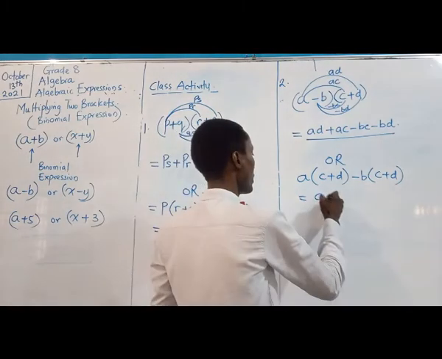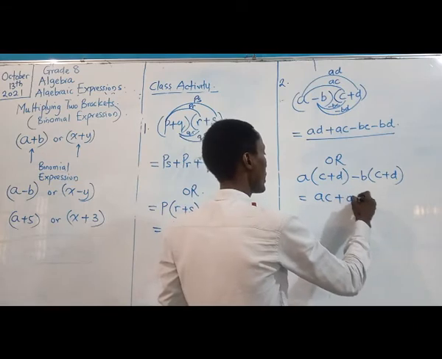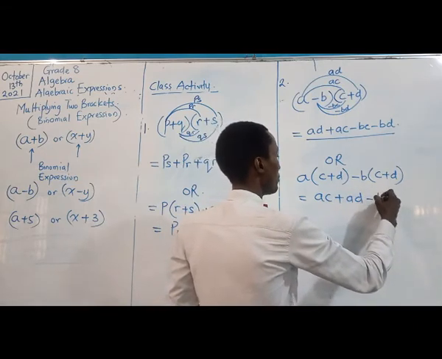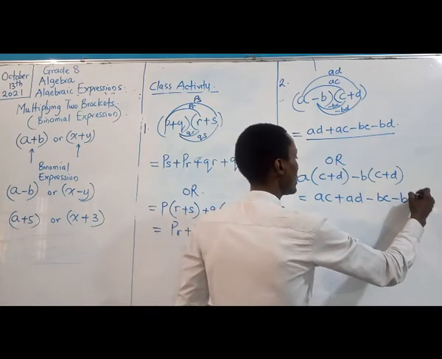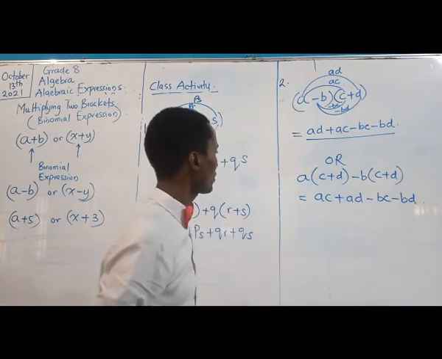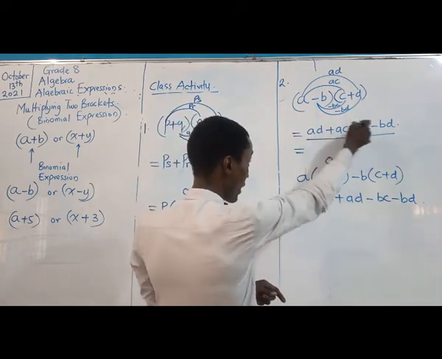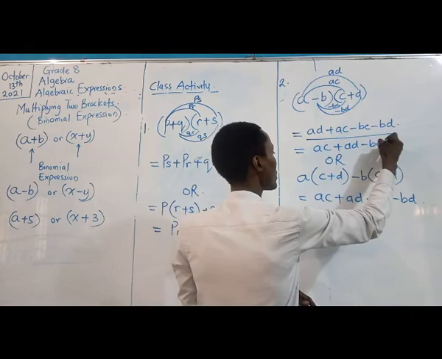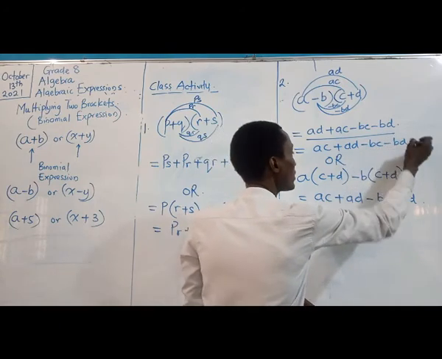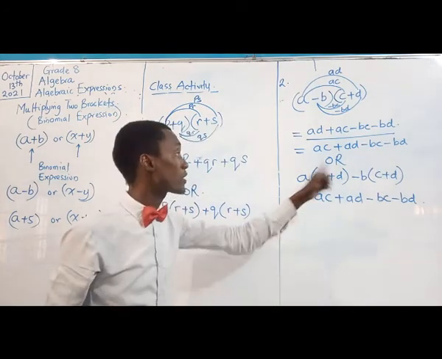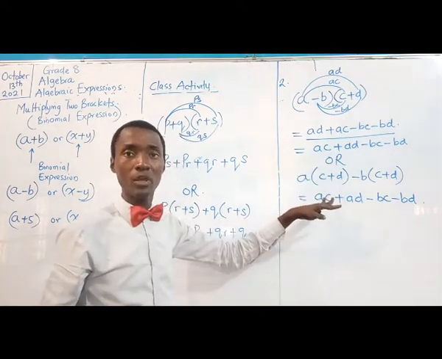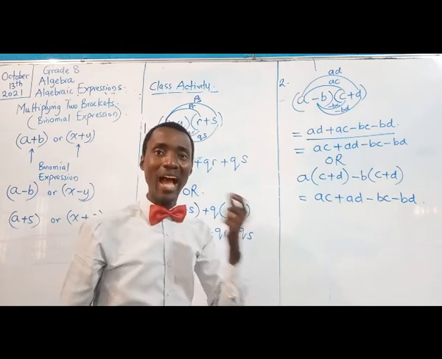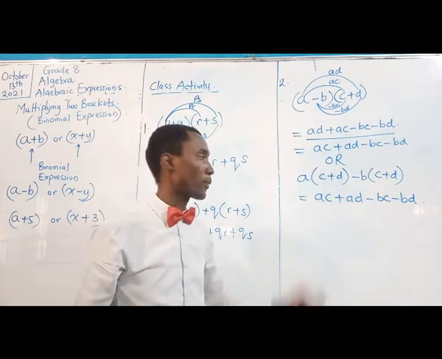This will give me AC plus AD minus BC minus BD. Now, somebody might say, but look at the order. If you look at this one, you can rearrange this. You have what? AC plus AD minus BC minus what? BD. It's the same thing. Placement of terms does not really matter here. What is important is, I hope all the terms are captured correctly and their signs are maintained appropriately.